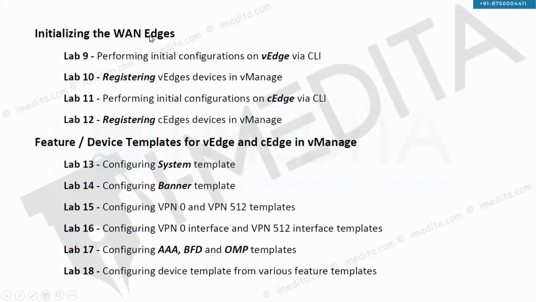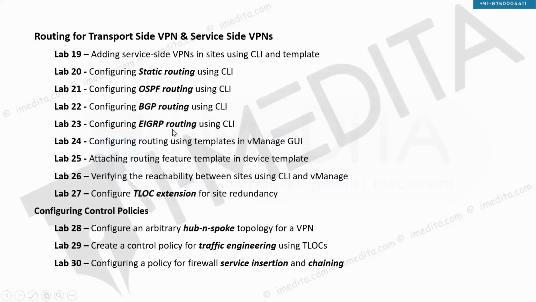Then initializing the devices, registering the devices on the vManage, performing the initial configurations on the devices, then deploying various templates: system, banner, VPN, AAA, BFD, configuring various basic templates, routing templates, TLOC extension. Basically, whatever routing things we need to do to make reachability, we will cover in all these small labs.